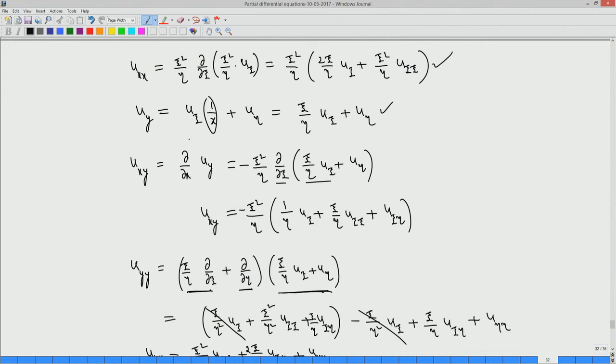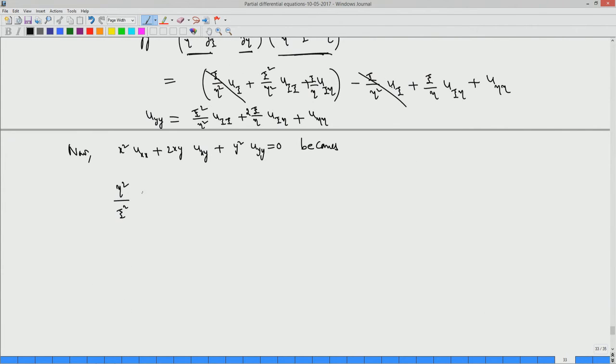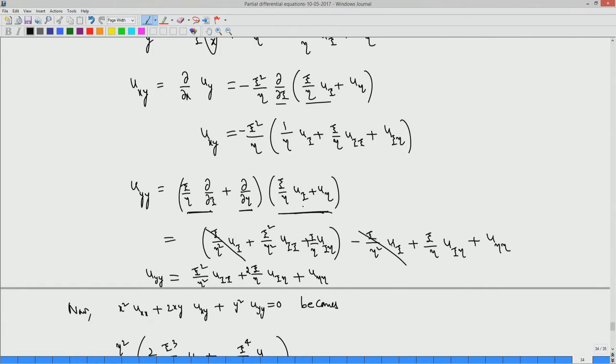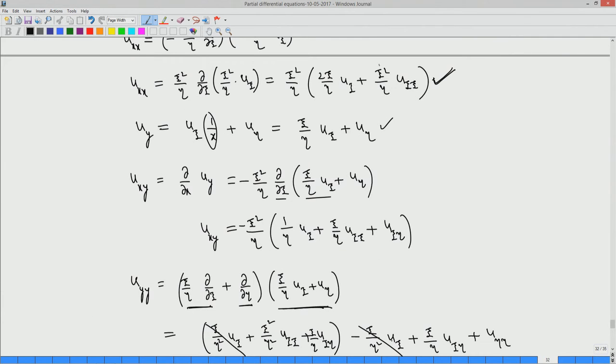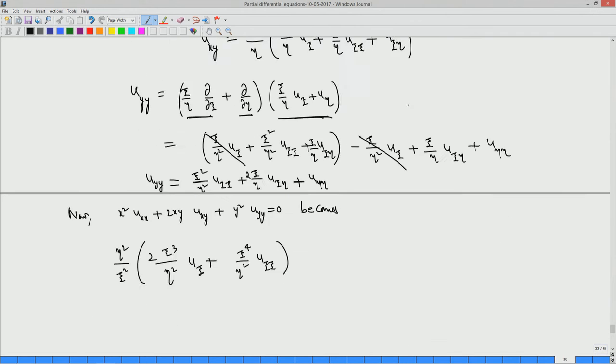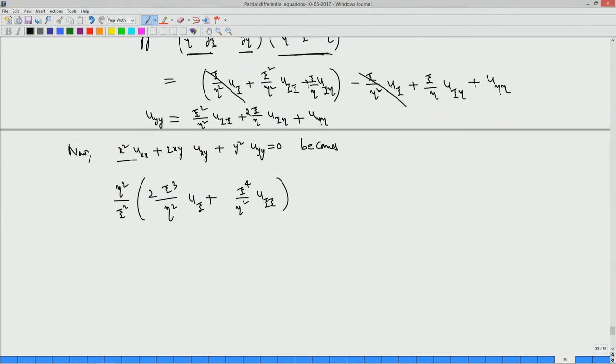So, if you combine this one, if you rewrite, 2 xi cube by eta square into u xi plus xi power 4 by eta square u xi xi. That is what is my u x x. So, you can see that xi power 4 by eta square u xi xi, that is my this term.